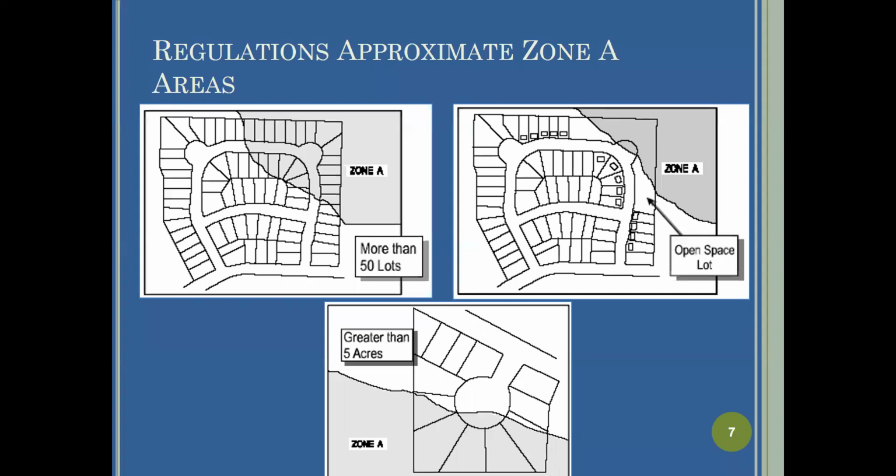Now, the top right doesn't really go into it in the regulations, but in the manual that's provided, if the developer shows up with his first proposal on the top left, and you tell him, hey, you've got to do a study, he says, well, what if I cluster the homes, move them all, and give you a big open space lot that maybe becomes a park?